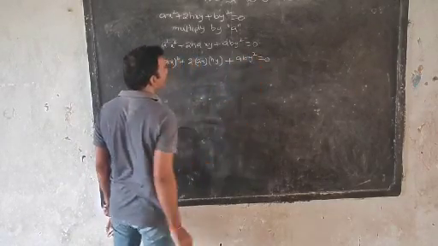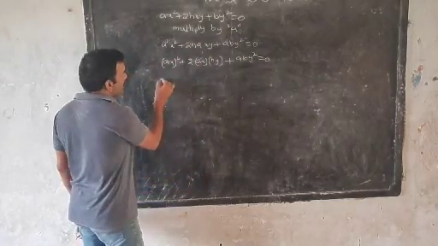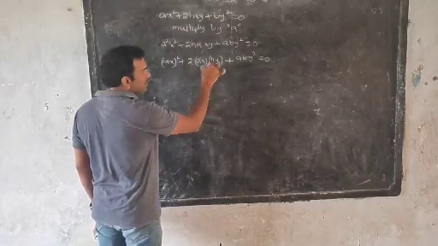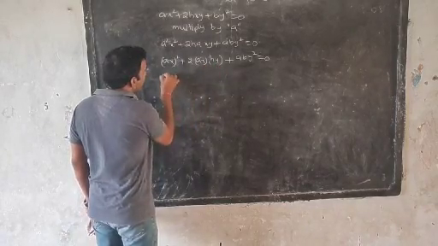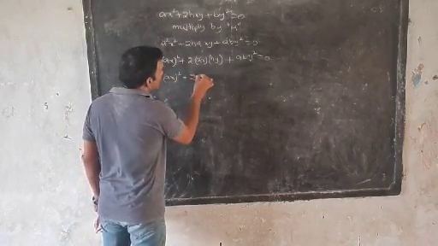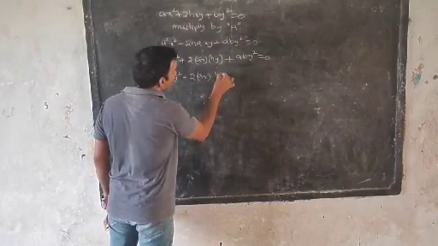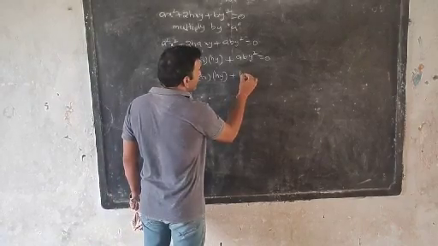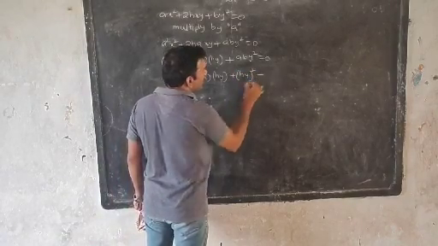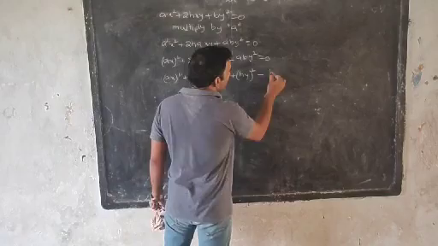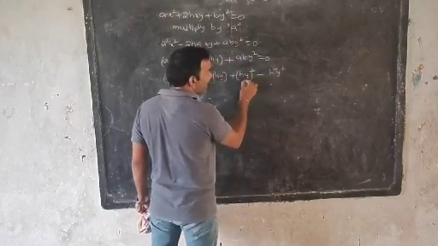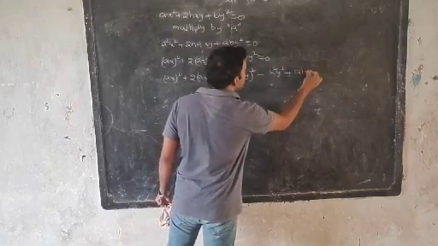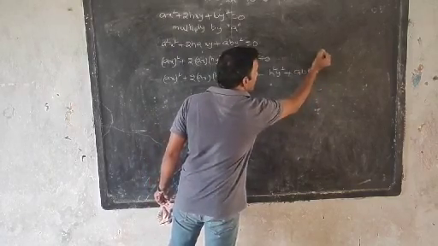equal to 0. In the next step, I am adding and subtracting this value's whole square: (ax) whole square plus 2ax into hy, I am adding (hy) whole square and subtracting it. That means I am adding and subtracting the same value, so there is no change in this term.